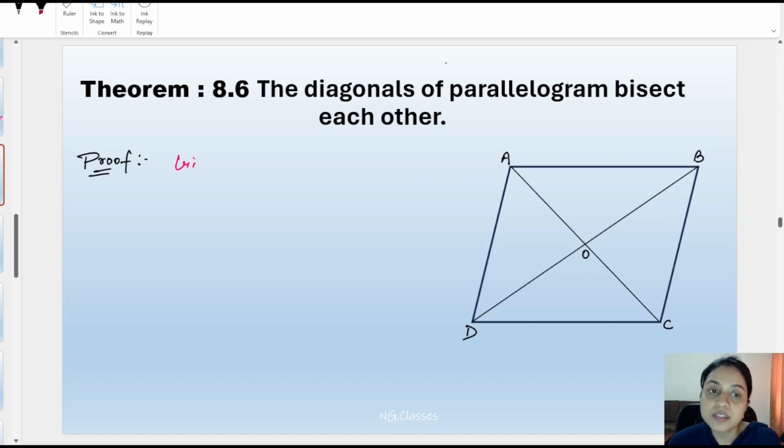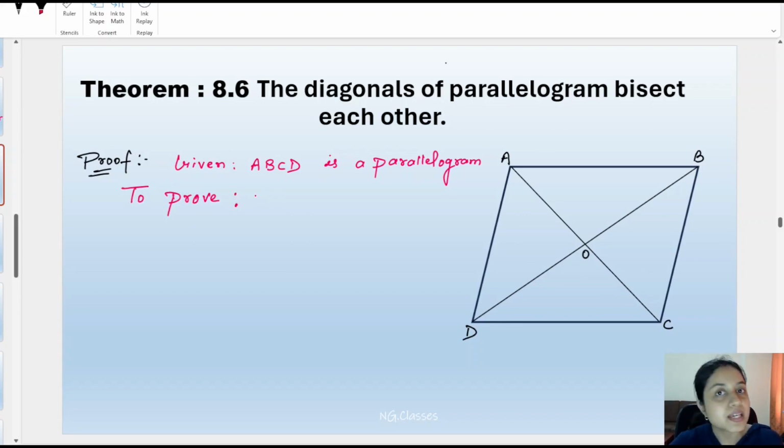So it is given that ABCD is a parallelogram and we have to prove that both the diagonals are bisecting each other.